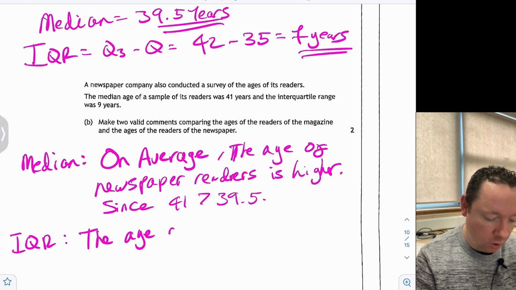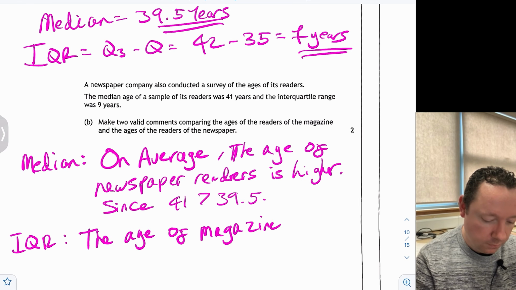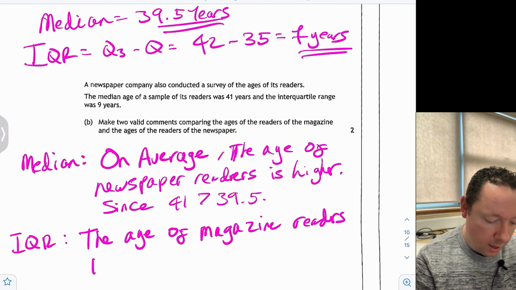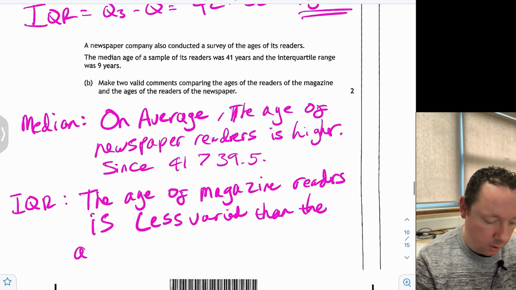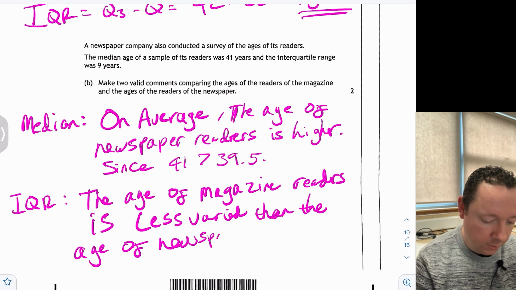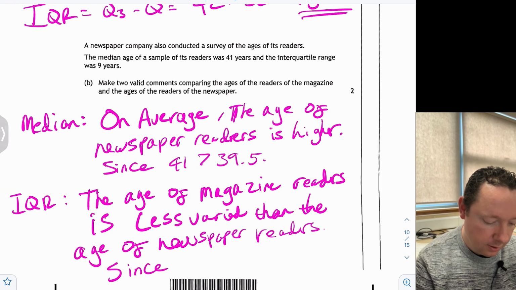The age of magazine readers is less varied than the age of newspaper readers, since 7 is less than 9.